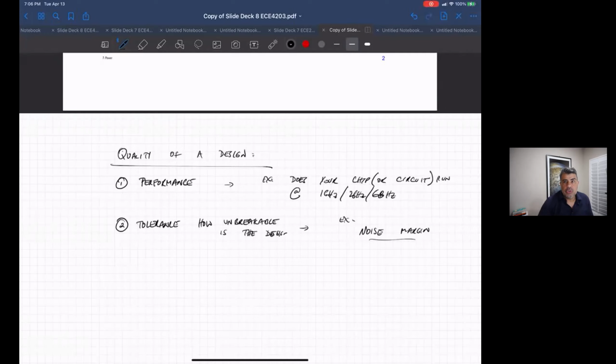You're just expecting your PC to work even if your room is hot, say. Those are some examples of tolerance. So again, in our circuit, we're talking about noise margins. These are always important. The third one is cost.